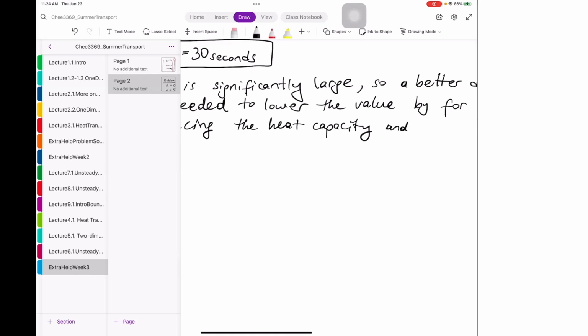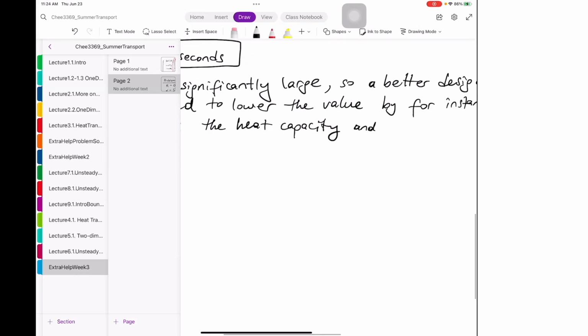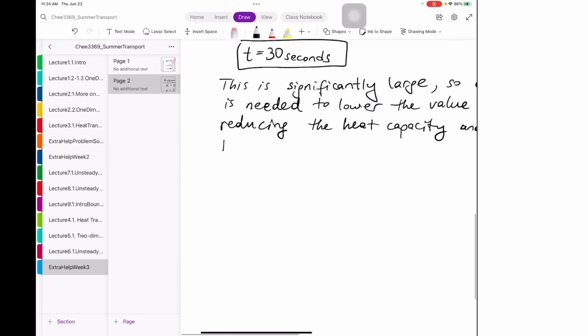You can also think to increase the value of H, meaning that you might want to swirl it a little bit while you take the temperature. For example, your fluid is here, right?